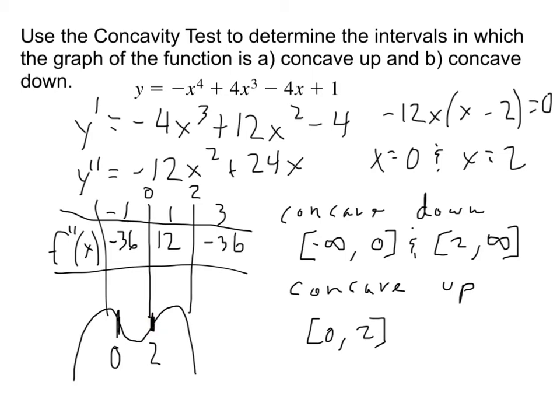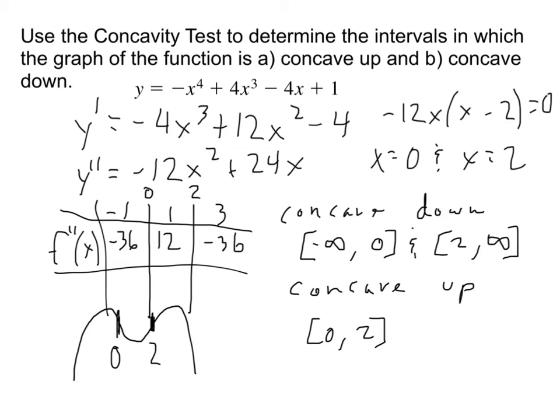Then it hits another point of inflection at 2, and the second derivative goes from being positive to negative. So that is using the concavity test.